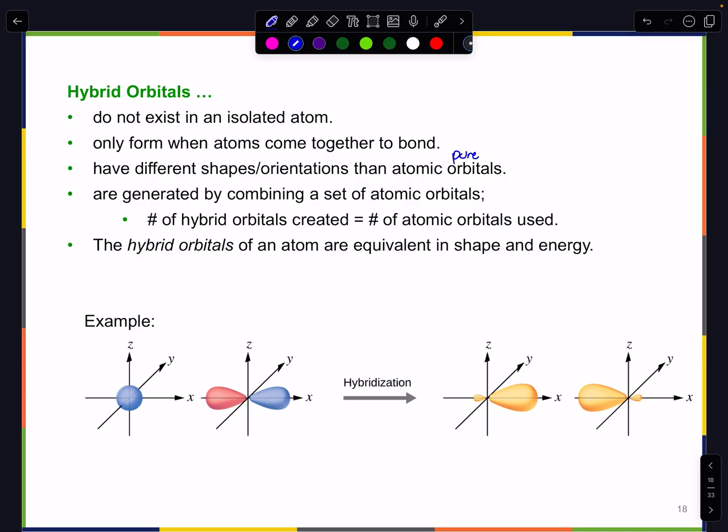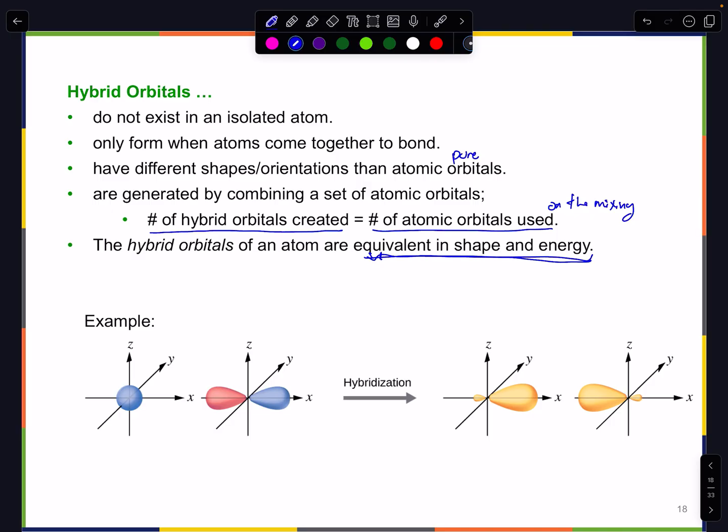In that sense, whatever number of orbitals you get at the end should be equal to the number of atomic orbitals that you use on the mixing, right? The hybrid orbitals of an atom are equivalent in shape and energy. These two things are extremely important.